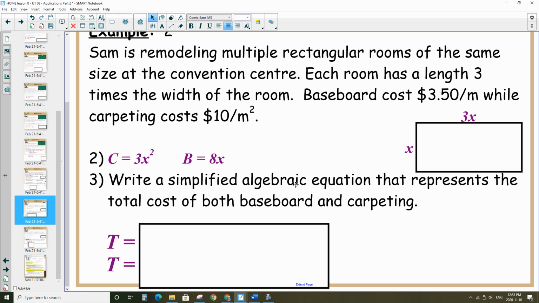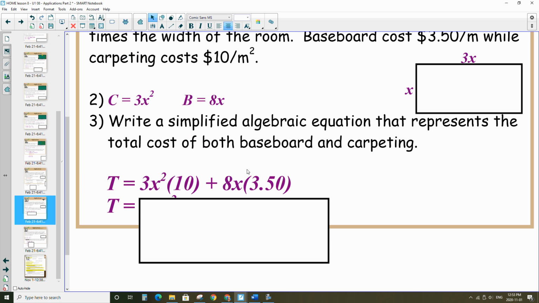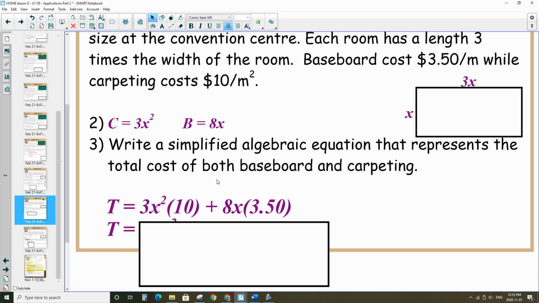Write a simplified algebraic expression that represents the total cost of both the baseboards and the carpeting. So now we're just going to add those together to get a total cost expression. We also have to add in that the carpeting is $10 per square meter and the baseboards are going to be $3.50 per linear meter.